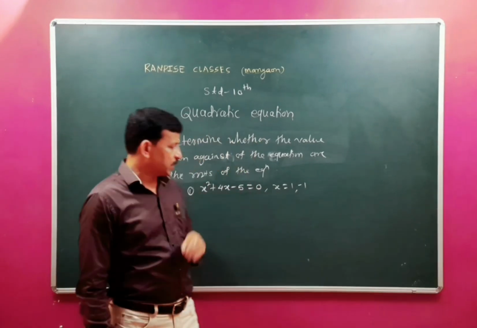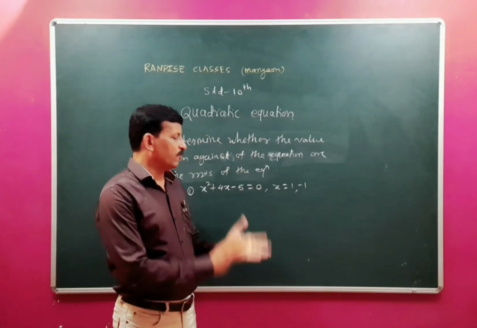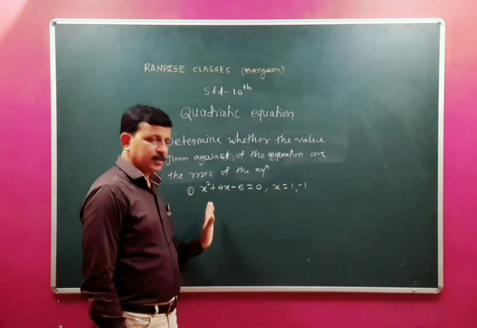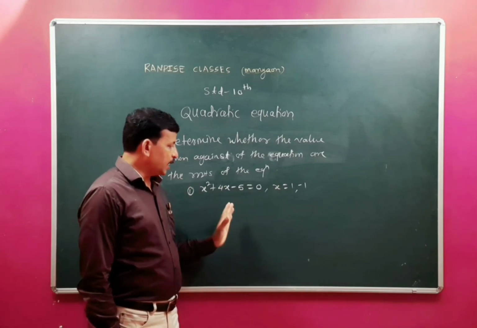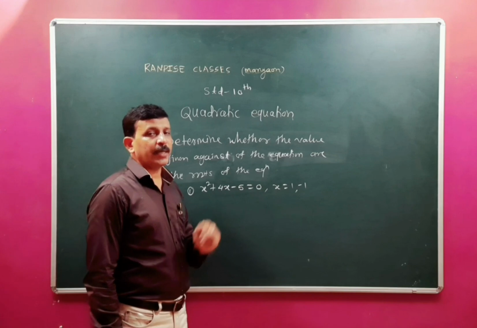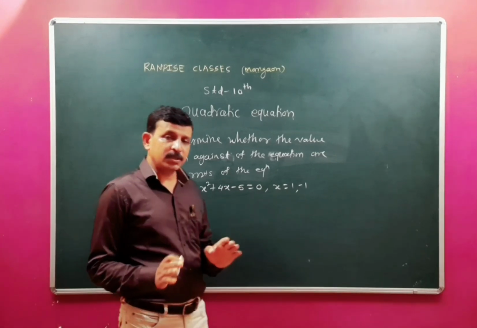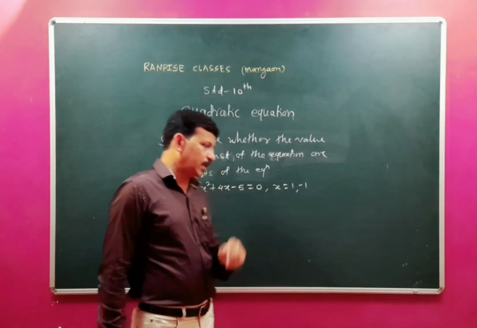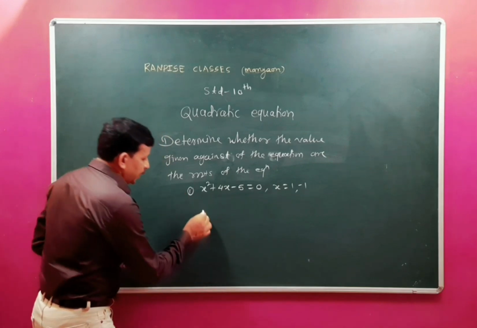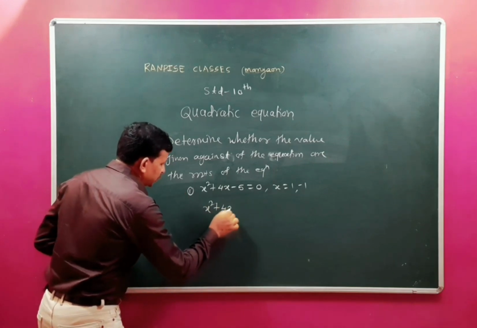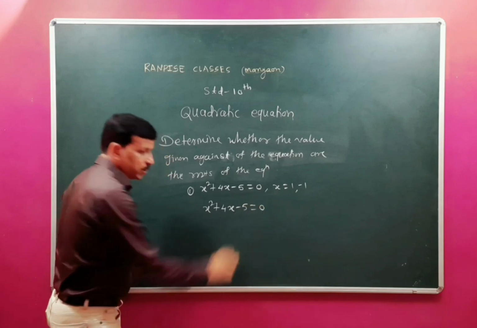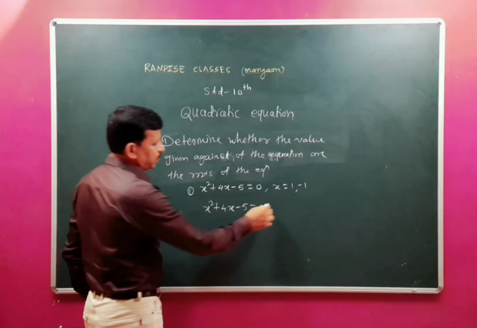Means first substitute the given value in LHS and if we get a value equal to RHS, then that is a root of the equation. See here, first x² + 4x − 5 = 0 is equation 1.